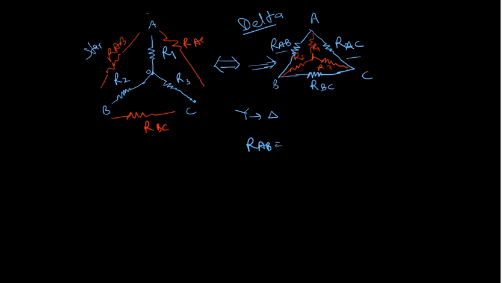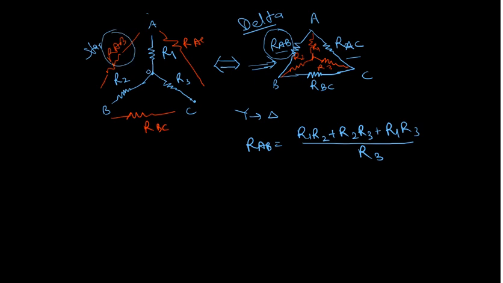So this will be R1R2 plus R2R3 plus R1R3, divided by R3. You just see it, I want to calculate RAB. What you have to do is take the multiplication of every two in pairs. So I have taken R1 with R2, R2 with R3, R3 with R1.